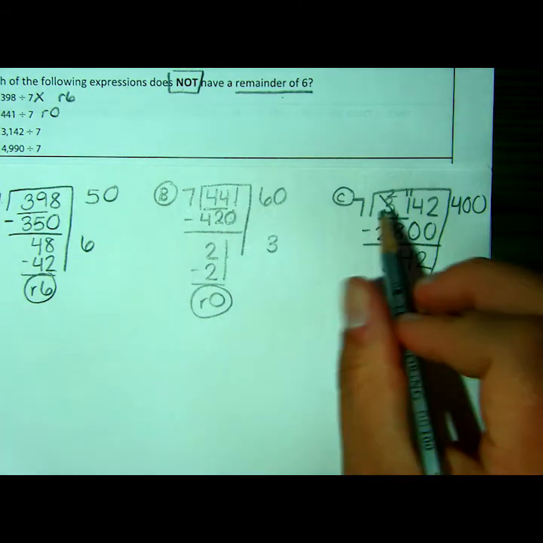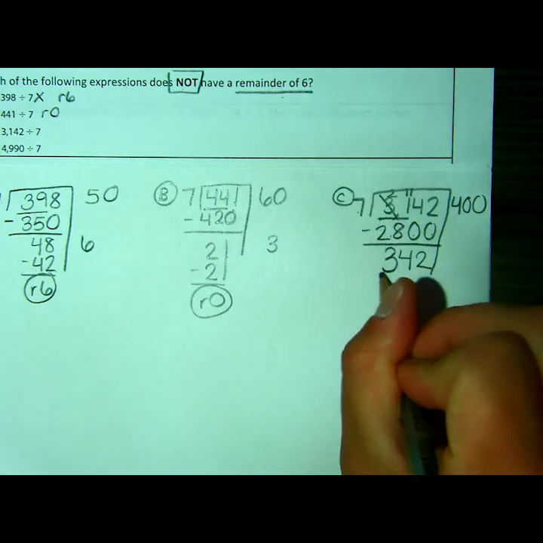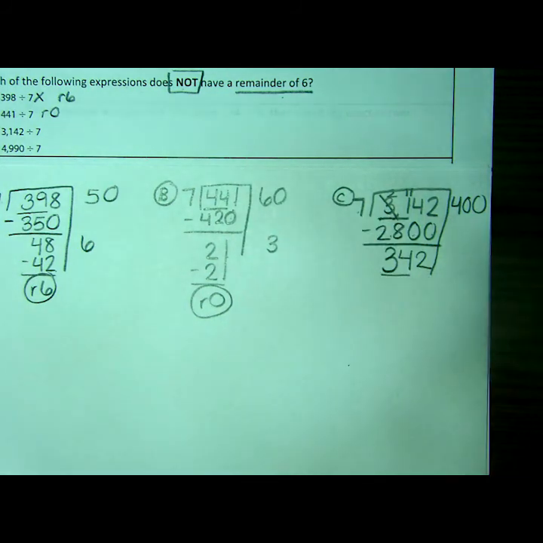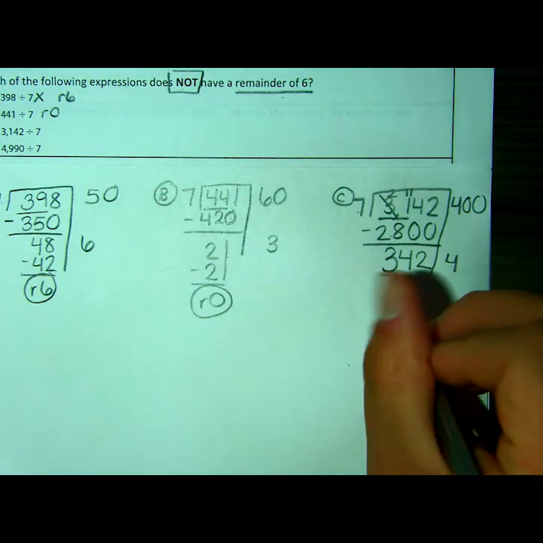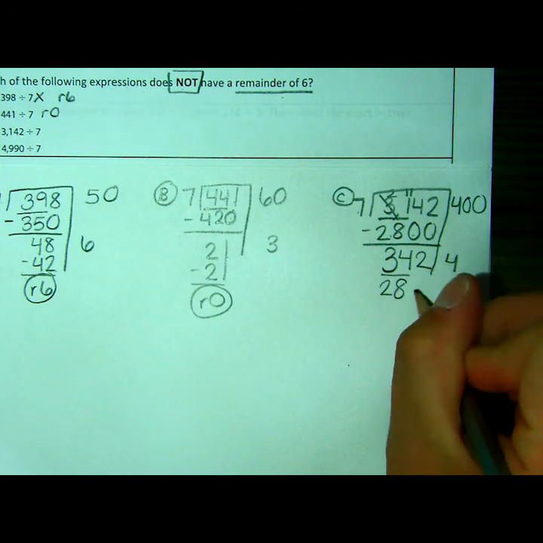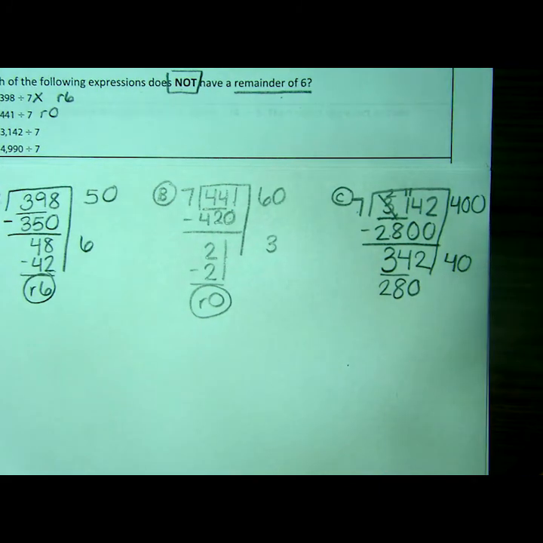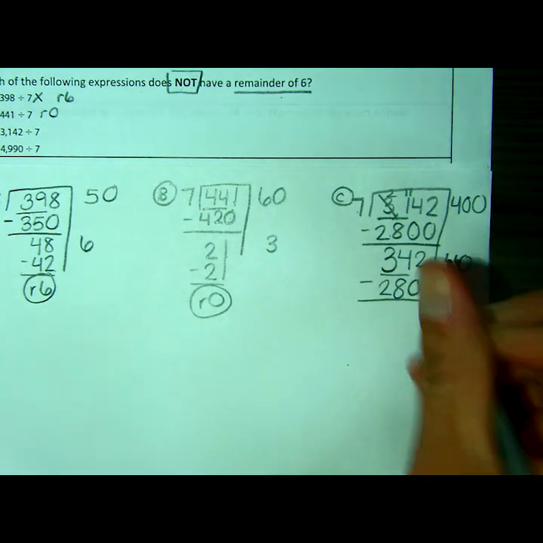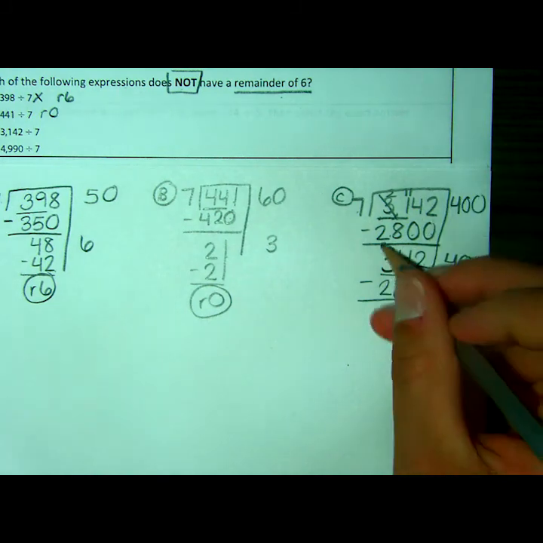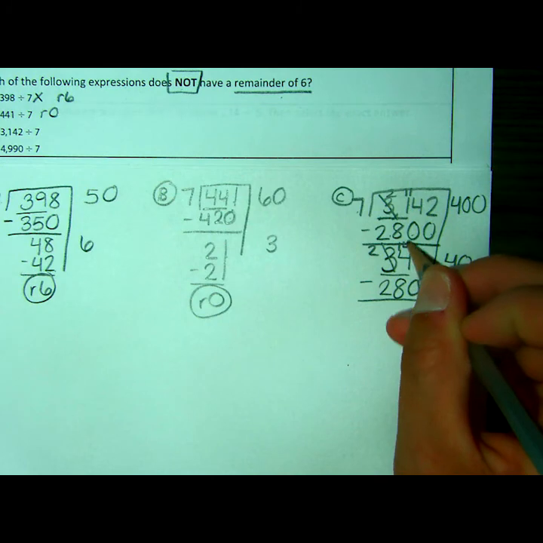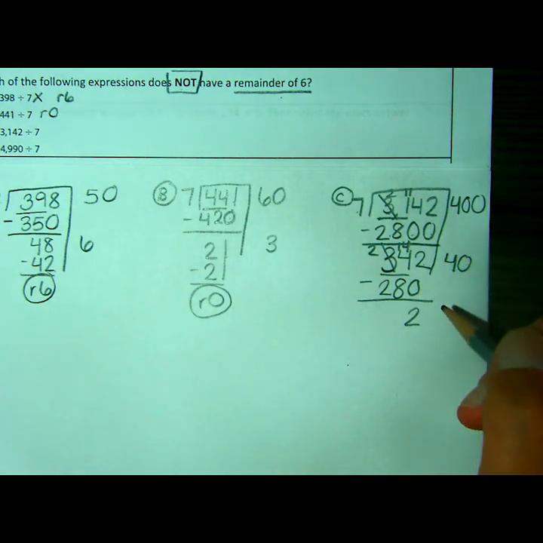Now I need to think, how many times will 7 go into 34? Well, 4 times. I just did that earlier, and that's 28. I still have a place here, so I'm going to fill those with zeros. Subtract. 2 minus 0 is 2. Can't take 8 away from 4, so I'm borrowing again. This is now 14. 8, 9, 10, 11, 12, 13, 14.